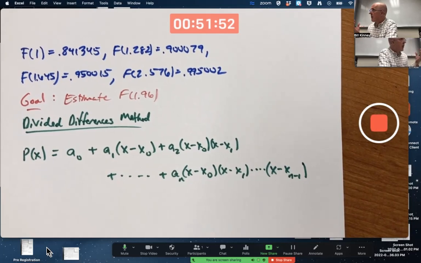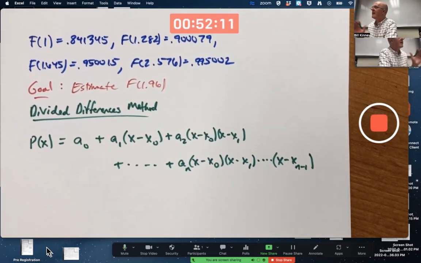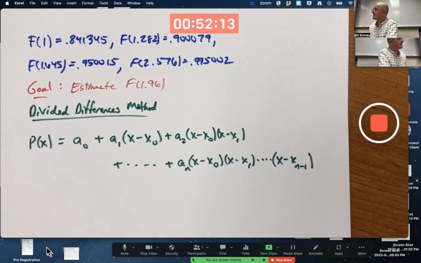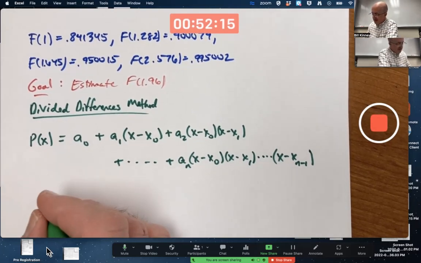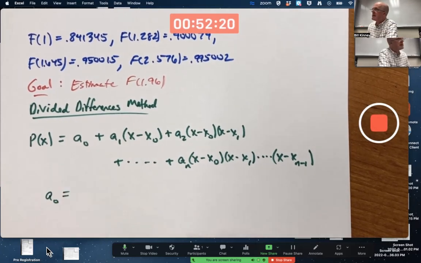That's going to make this an nth degree polynomial. It's not written in standard form, right? This is not a standard form for a polynomial. It's not written in factored form either. It's written in this kind of weird way you've probably never seen before. It turns out, through some complicated algebra, well, the first step is not very complicated algebra, A0 does happen to equal the function value at the 0th node.